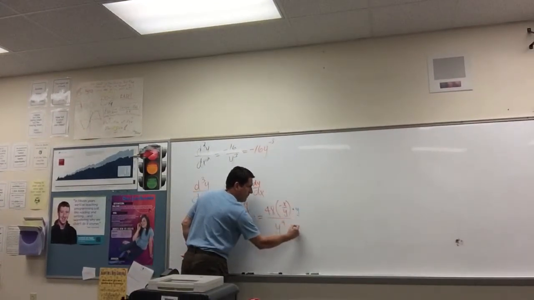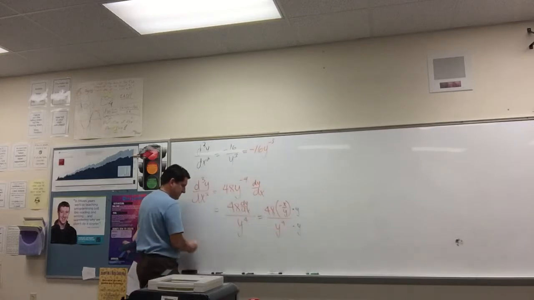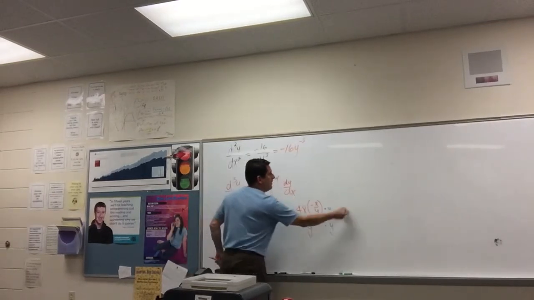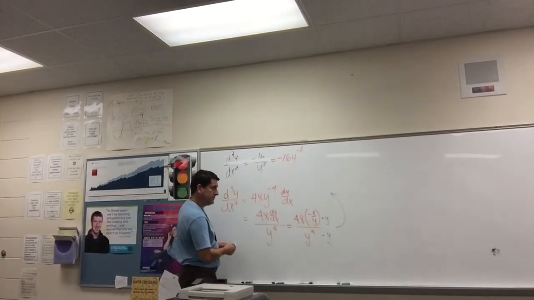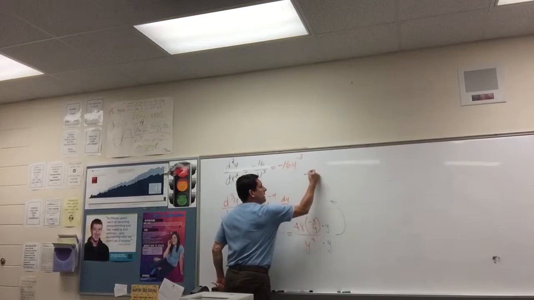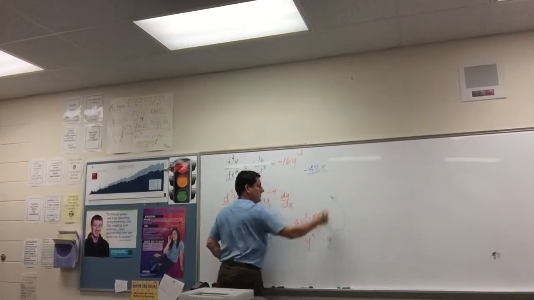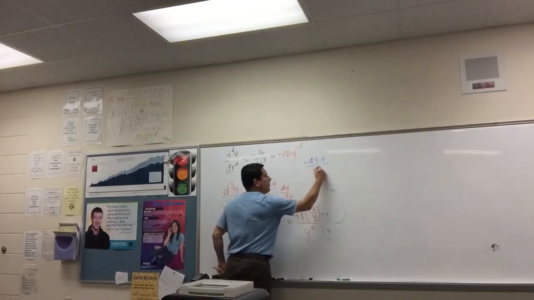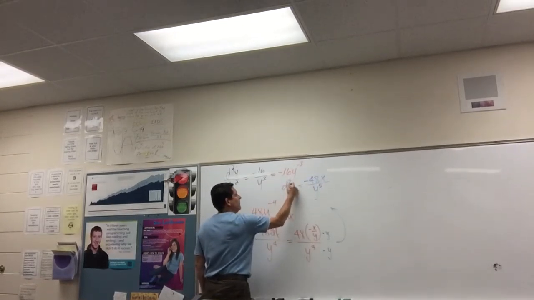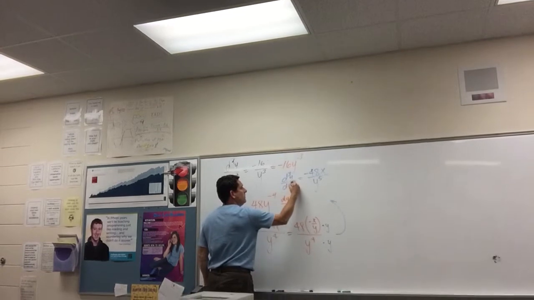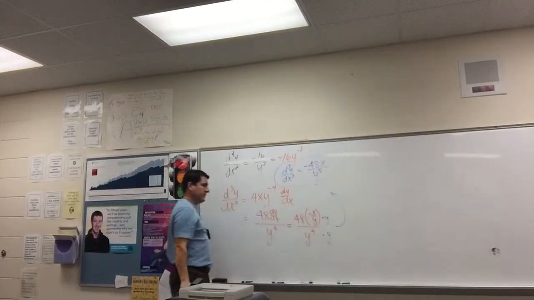So top and bottom by y. And the final answer is negative 48x over y to the 5th. This is the third derivative.